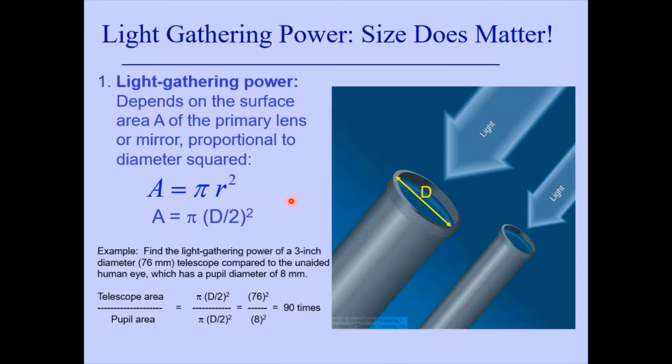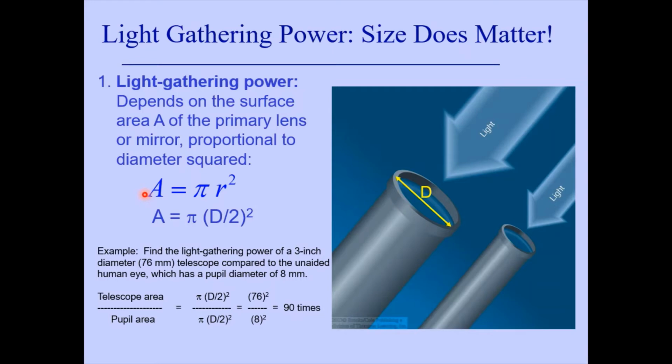So the larger this diameter is here, obviously the more light we can gather in the telescope. So this telescope here has a larger diameter than the small one here, so it's going to collect more light. But remember, it's not just the diameter of the telescope, it's the whole area of this telescope lens or mirror that collects the light.